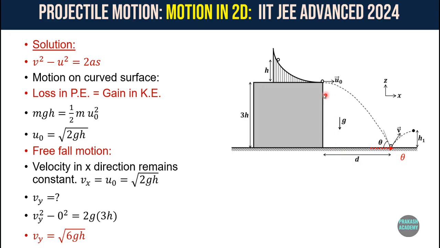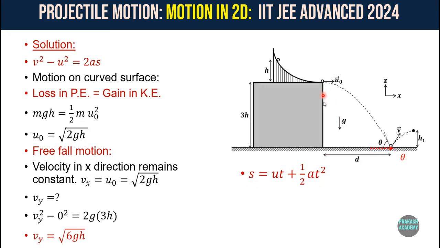We can also find how much time this ball has taken to fall from this point to this point, but the vertical distance is this one. So now I can use this formula, s equals ut plus half at square.